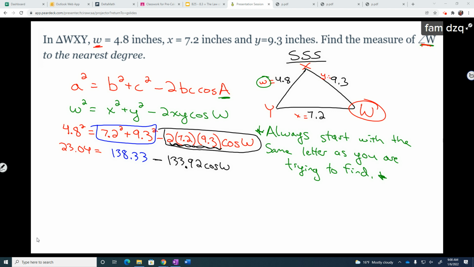So what would be the next thing we should do then? Good. So now we'll subtract this over. It's a positive, even though there's a negative sign on the other side. So we're going to subtract this over to here. It'll always be these same steps. Minus this over.